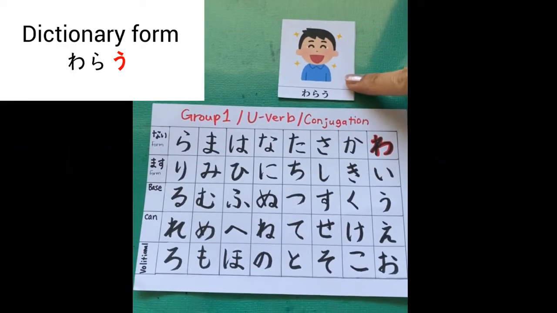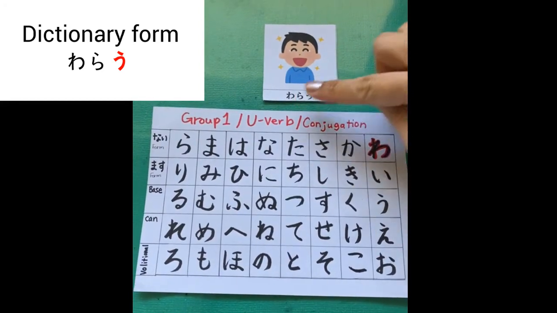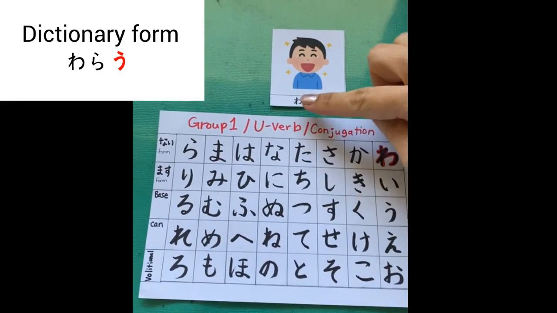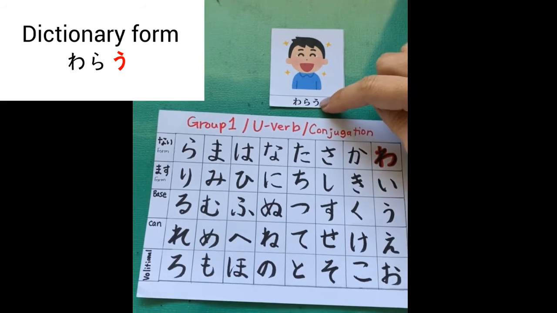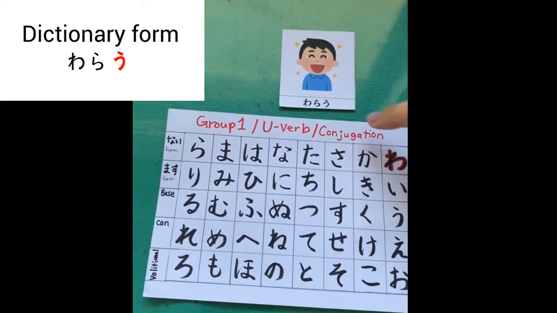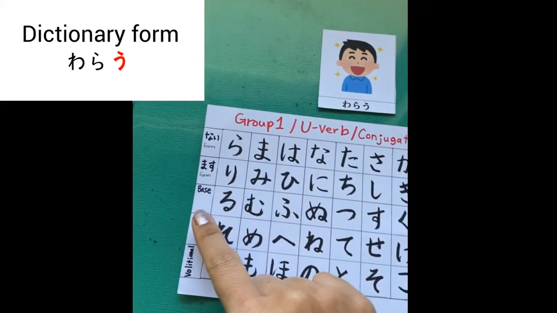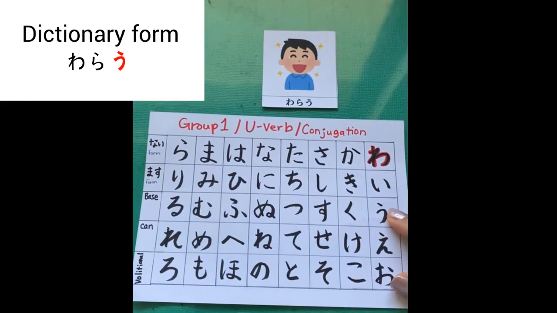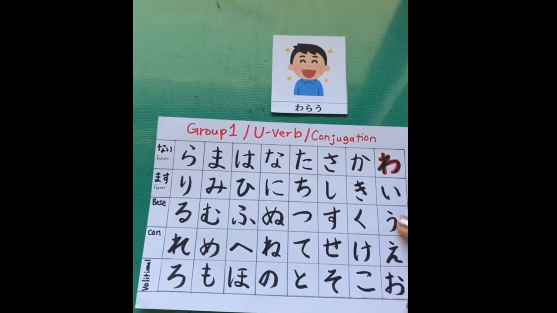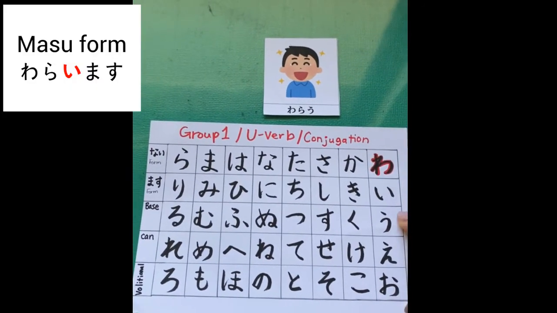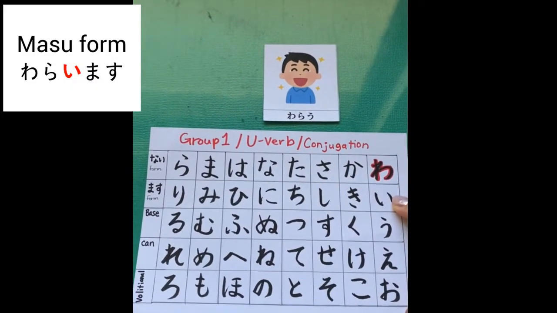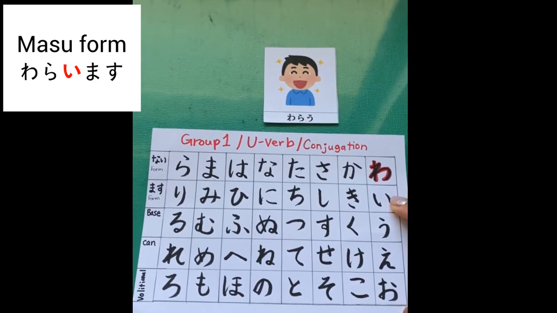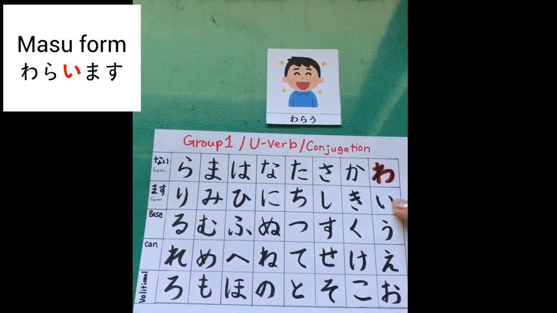For example, the verb to laugh, 笑う. It ends with う, and then take a look at it. The dictionary form, the base form, 笑う. You want to switch to Masu form, 笑います, so う to い.